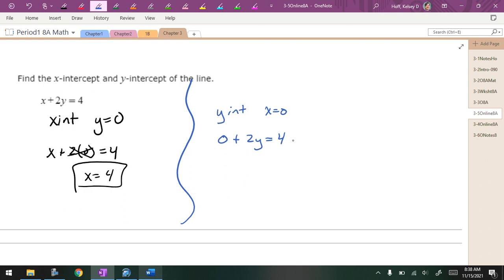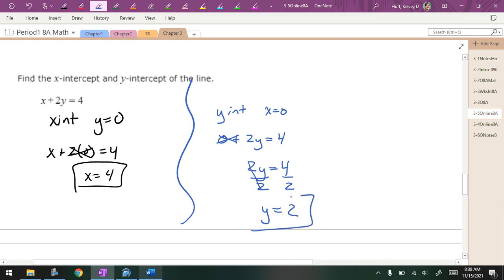Your 0 really is gone, but now I have 2y equals 4. What do I have to do? Get rid of the 2. I have to divide by 2. Y equals 2. It's like solving equations back in chapter 2. The reason we didn't have to go further on this side is because really there was a 1 in front of that x.